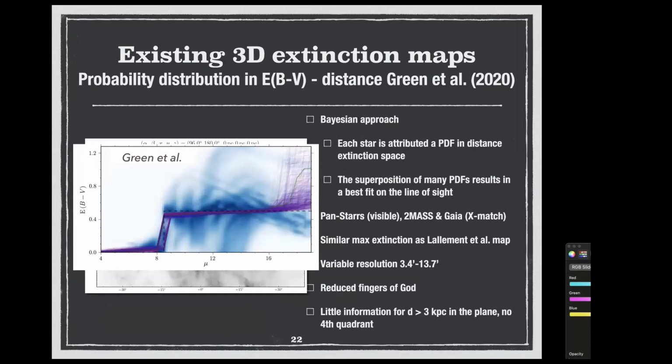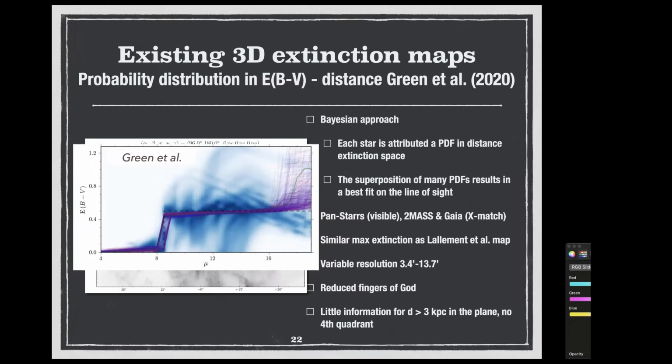Another method is published by Greg Green. Again, this is his 3rd version, I think, which is another approach where you're looking at individual stars. Again, it's a cross match between Pan-STARRS, 2MASS, and lately with Gaia.